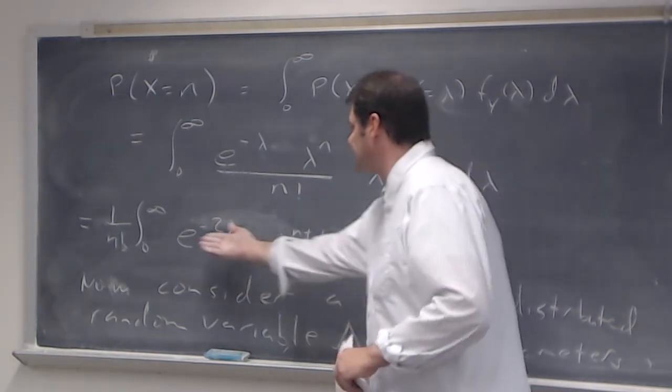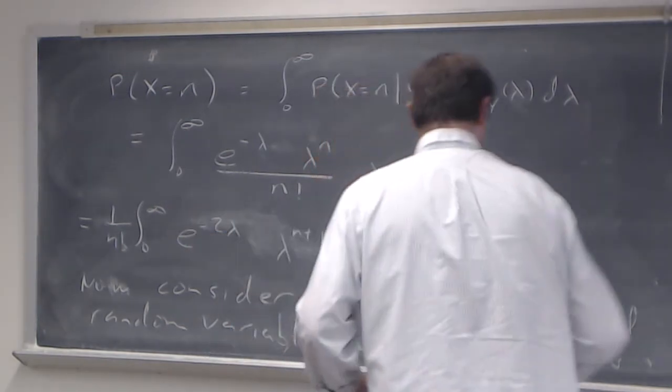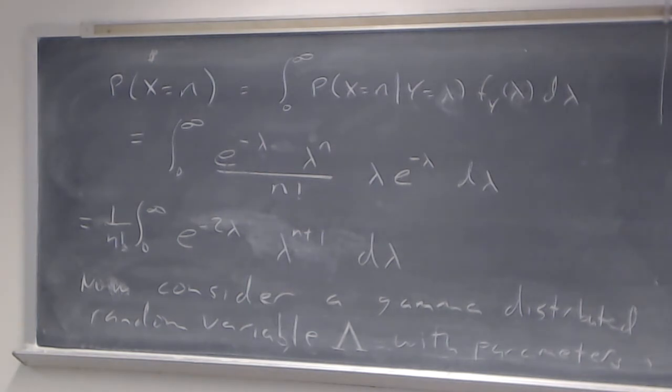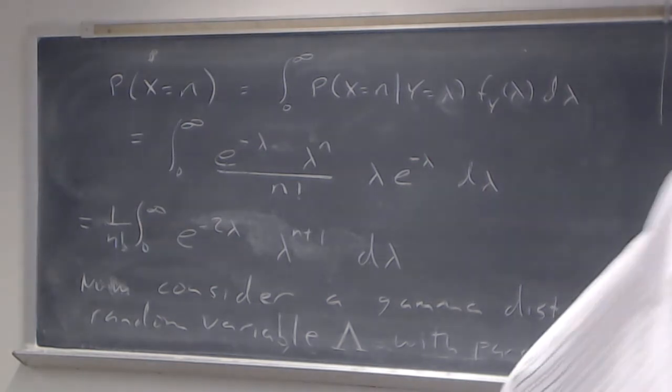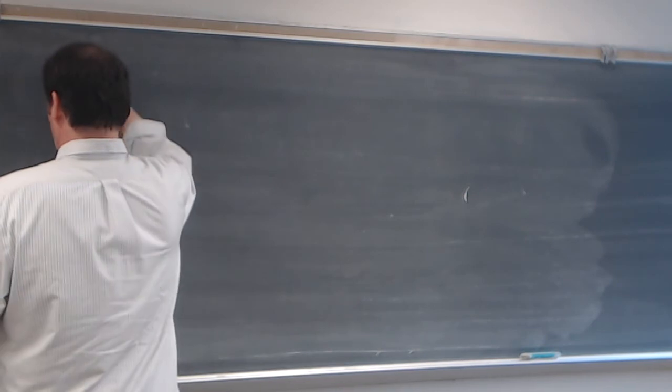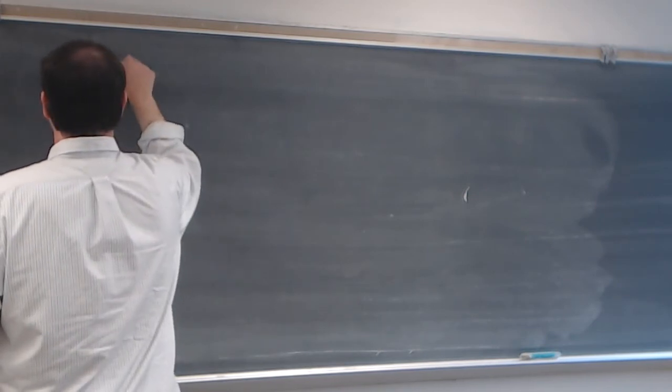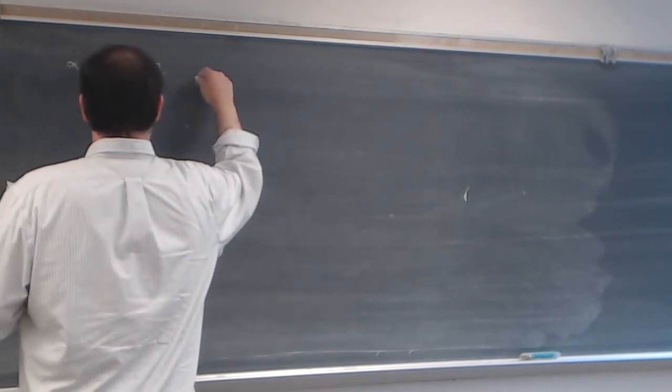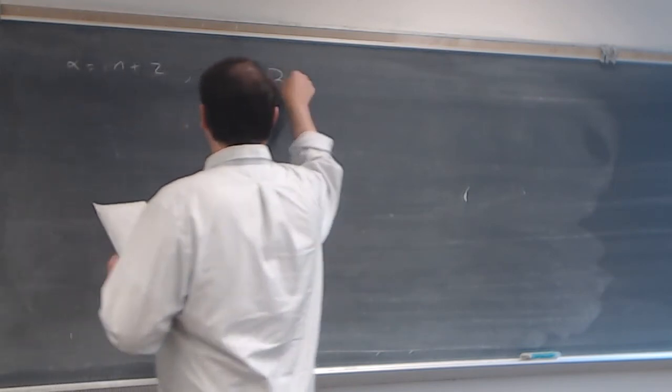I'm trying to put myself in a position where I can compute just this integral. With parameters alpha equal to n plus 2, and I'll say lambda sub 1 equal to 2.